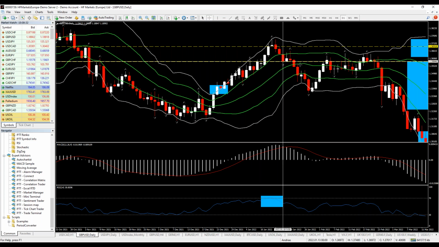Let's measure it. It should be somewhere here. Okay, let me be precise. So 1.358 minus 222 pips.